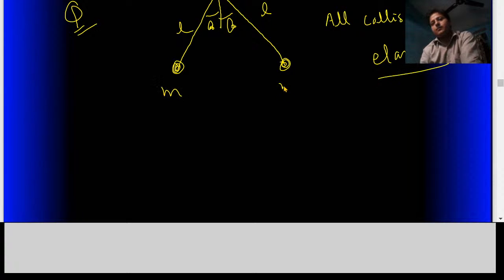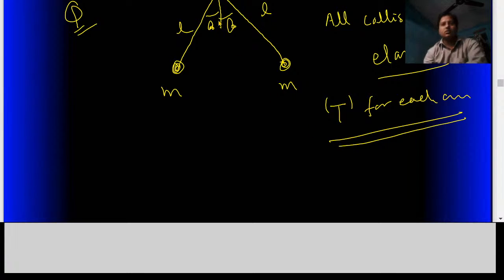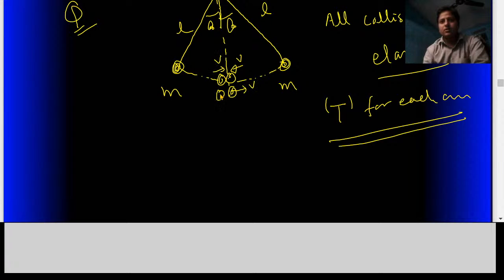Masses are the same. What will be the time period for each one? We all know if the collision is elastic, both come here, and before collision the speeds are v and v. Then after collision the speeds also remain v and v. So there is no change.